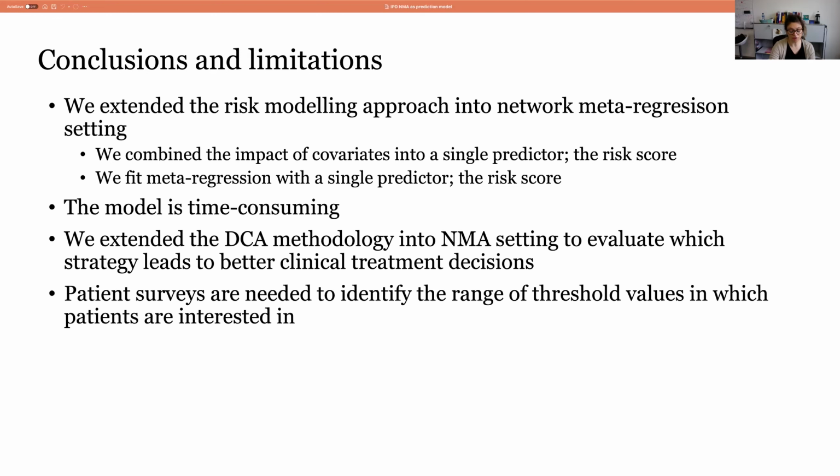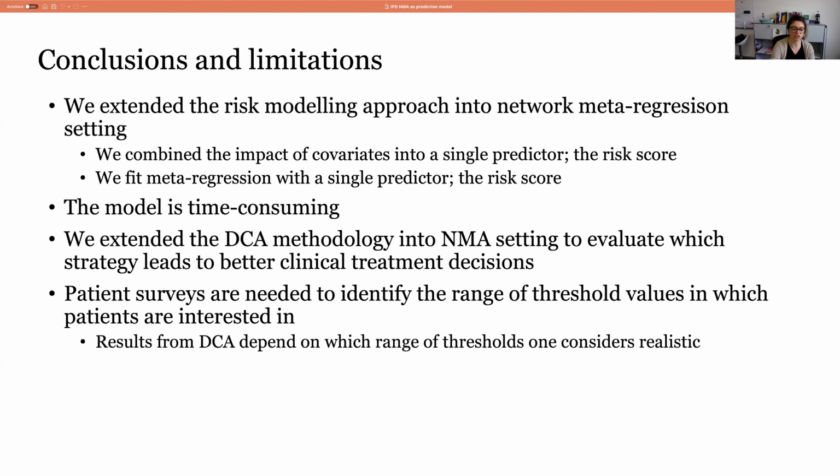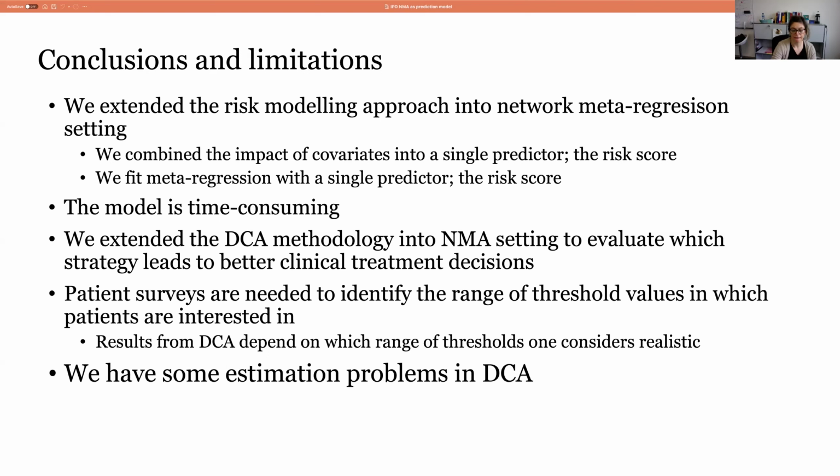And the range of thresholds that we put, we did that after talking to some clinicians, but in practice, patient surveys are needed to identify the range of threshold values which the patients will find interesting. And the results of such an exercise like DCA depend a lot on which range of thresholds are realistic.